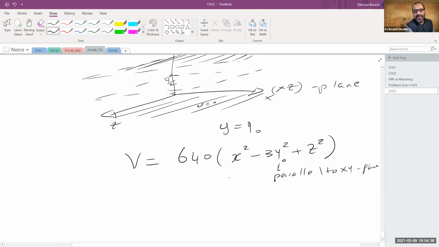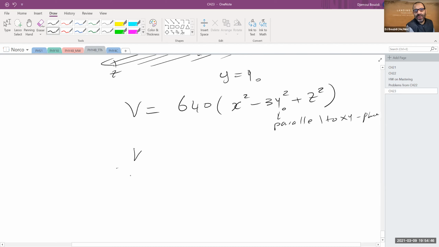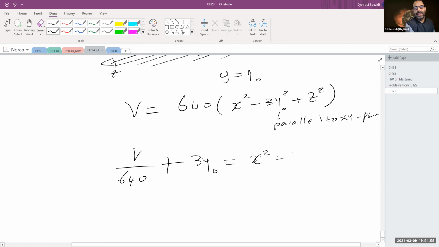Now this is constant. I'm going to move it to the other side, and I'm going to end up with the following scenario. First of all, V divided by 640. When I move a negative number to the other side, what happens to its sign? It becomes positive, doesn't it? 3y naught squared is equal to x squared plus z squared.